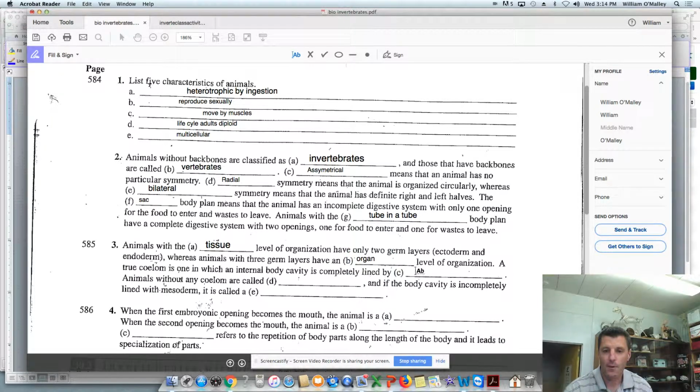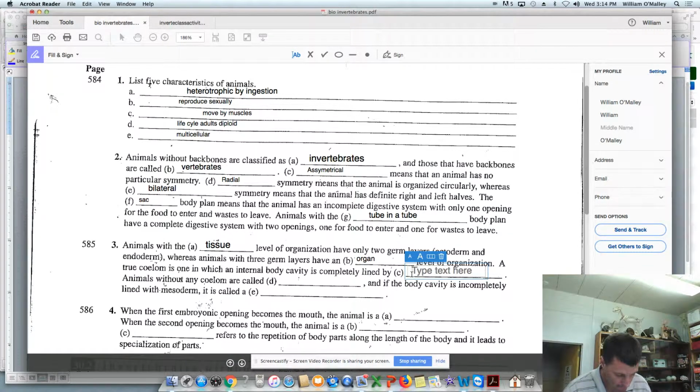Okay? A true coelom is one in which an internal body cavity is completely lined. What do you have there, guys? A true body cavity is one that is completely lined.